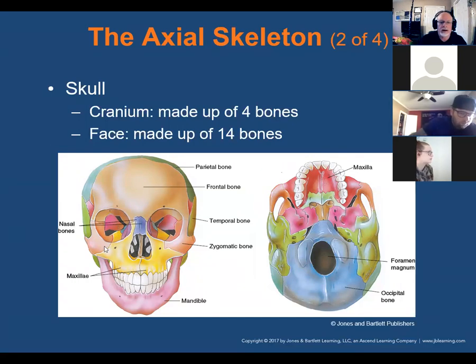Those are orbits. It takes bone from part of that frontal skull, that frontal bone, plus some of the face bones, such as your maxilla, to create that orbit that the eye sits in.